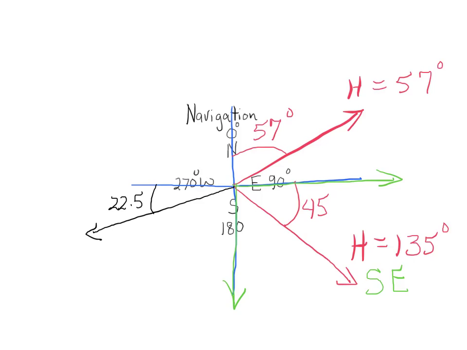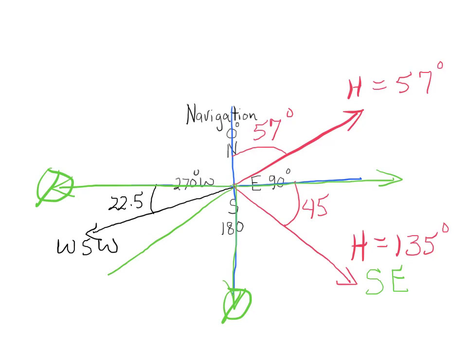So we would say this is west-southwest. We're not going west, we're not going south, and we're not going southwest. This would be southwest if this were 45 degrees right here. We're doing halfway between that, so we are doing west-southwest. That's this guy right here.